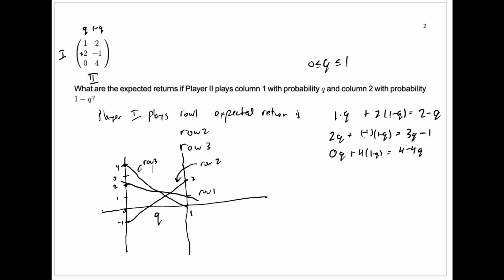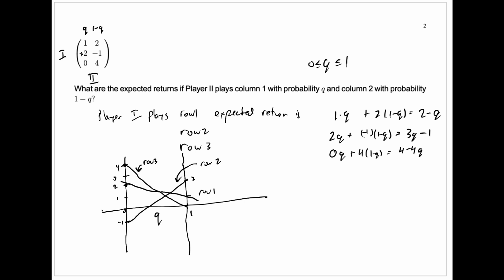Now, when we look at this, how should player 2 interpret this? Player 2 wants to have the smallest possible worst case scenario. So in other words, he wants to find the smallest expected return, because small is better for player 2, the smallest return that he can guarantee no matter what player 1 does. How's he going to do that?